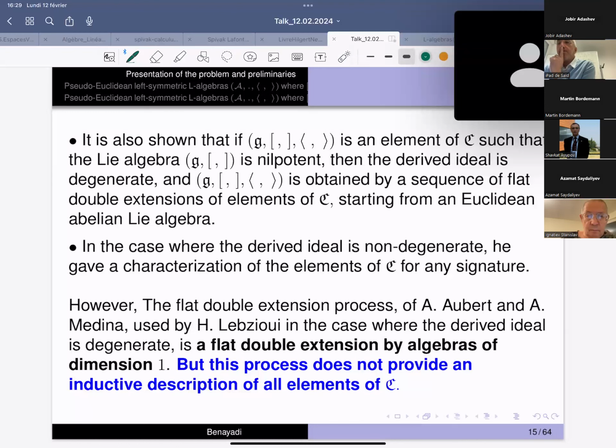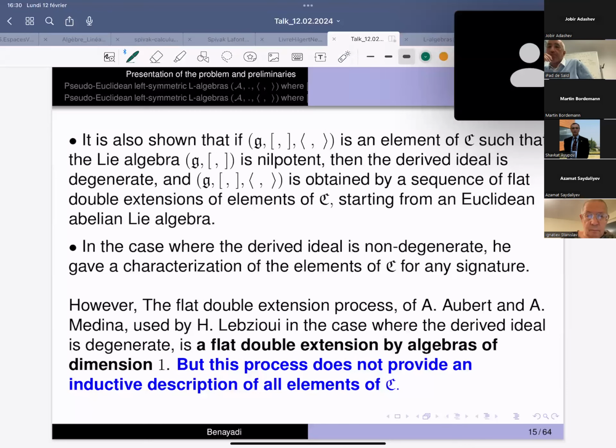In the case where the derived ideal is non-degenerate, he gave a characterization of the elements of C for any signature. However, the flat double extension process of Aubert and Medina, used by Hisham Lebzioui in the case where the derived ideal is degenerate, is a flat double extension by an algebra of dimension 1.